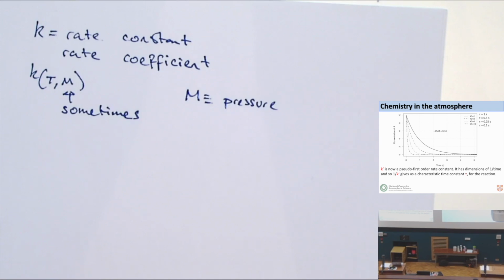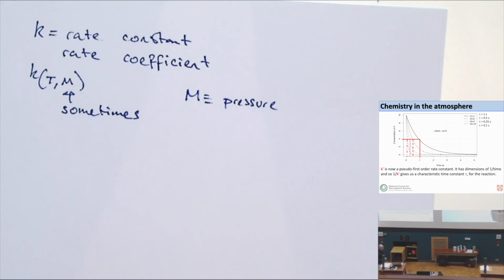When the rate constant is equal to 1 per second, the time constant is 1 second, and you can see that on the graph. The time it takes to get to 1 over e, so about 37% of the concentration of A left, is 1 second. Similarly, when k is equal to 2 per second, tau, the lifetime, is half a second, which we can also see from this graph.